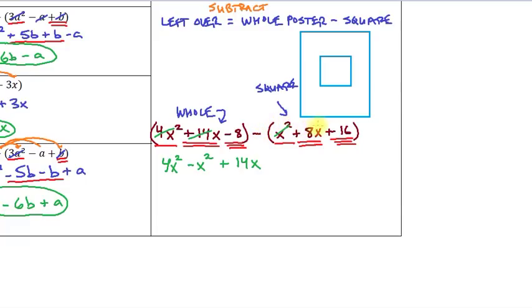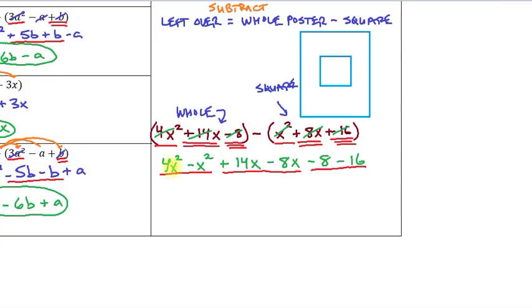Negative 1 times 8 is negative 8x. And now I've got a constant over here of minus 8. And I've got a constant here of positive 16, but again, it's negative 1 times positive 16, which is negative 16. That covers all of our terms. Now we can go ahead and mark the ones that are like terms. There's x squareds, there's x's, there's constants.